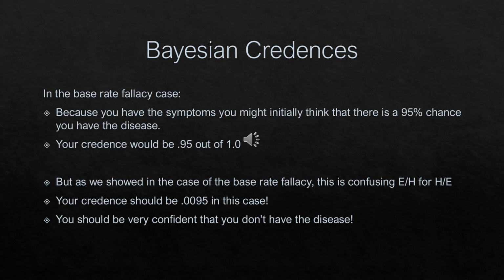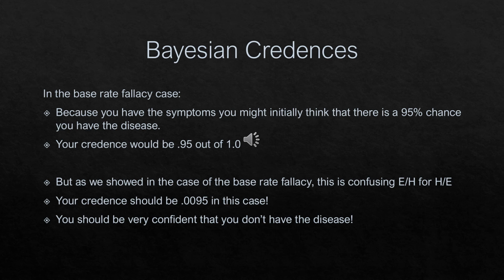What we showed, right, is in the base rate fallacy case, you're confusing the evidence given the hypothesis for the hypothesis given the evidence. And once you get clear on those two concepts, what it is for something to be the evidence given the hypothesis versus what it is for something to be a hypothesis given some evidence, then you can realize that you can flip those.